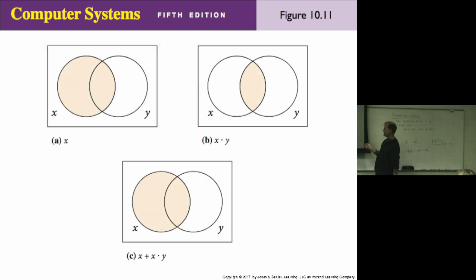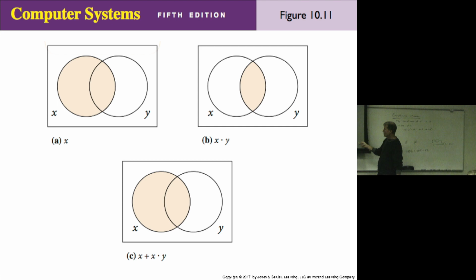This is a set theory representation of the absorption law. What absorption law does this slide represent? If we have X and Y and we draw a Venn diagram and X is shaded like this, and then X and Y is shaded like this, what happens if you take the union of this set and this set?